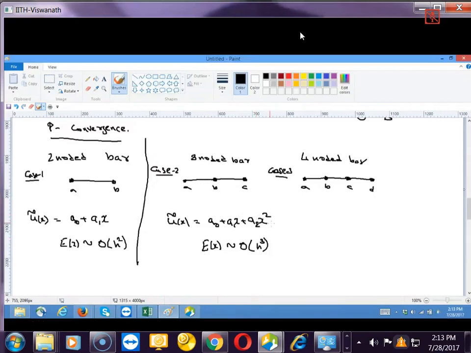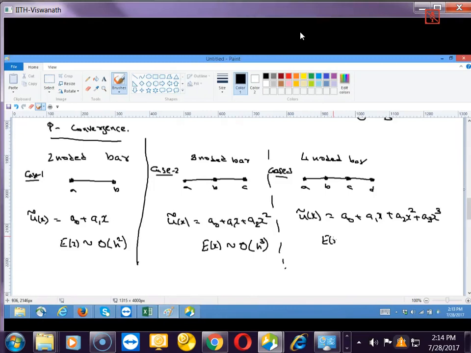So the P is 3 here. Similarly, in the third case, u tilde of x is given as a naught plus a1x plus a2x square plus a3x cube. So that makes the error E of x of the order of h to the power of 4.